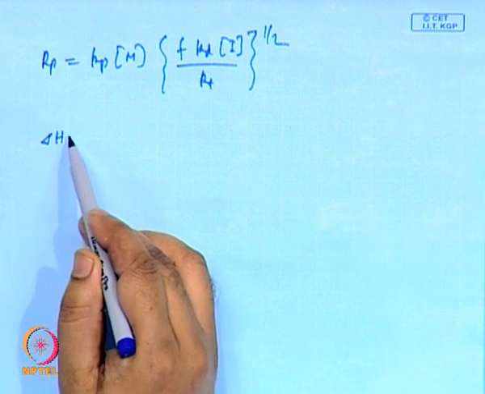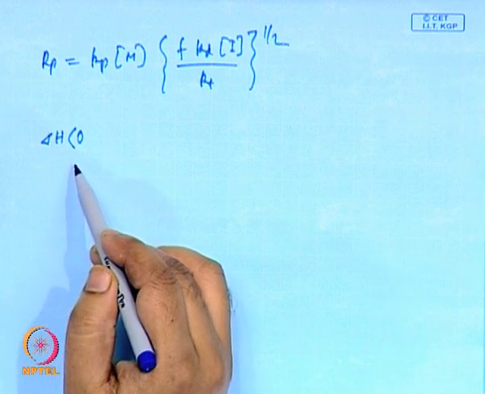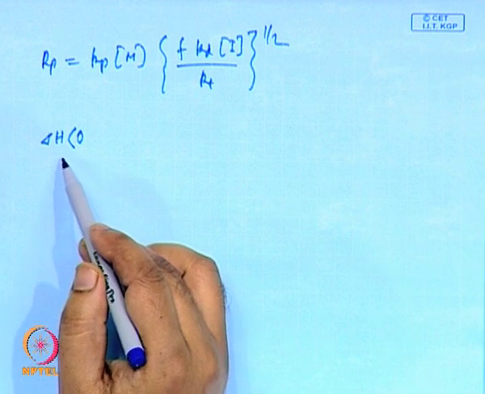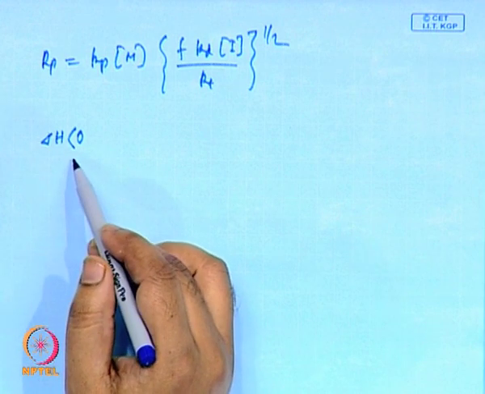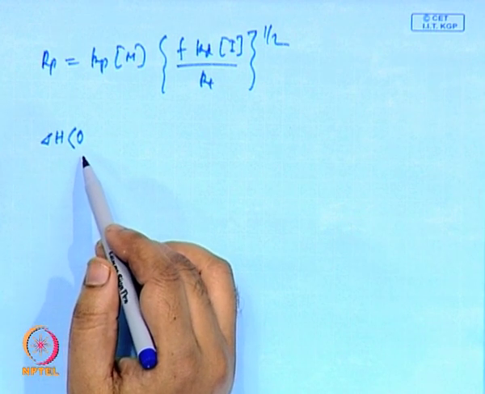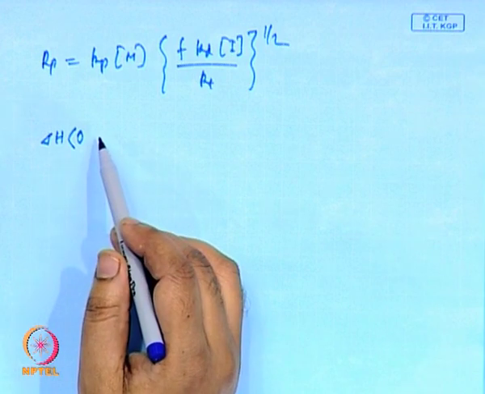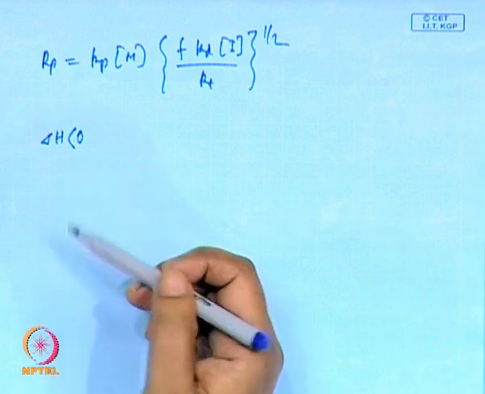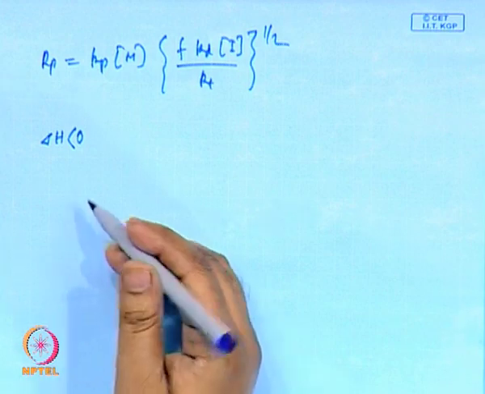What we did not consider is that during polymerization we know it is an exothermic reaction. Now, if we do not have arrangements to take out the heat which is evolved during the reaction, then there will be a change in temperature.